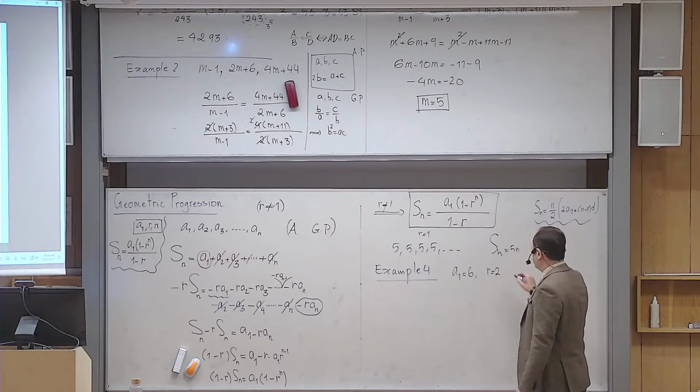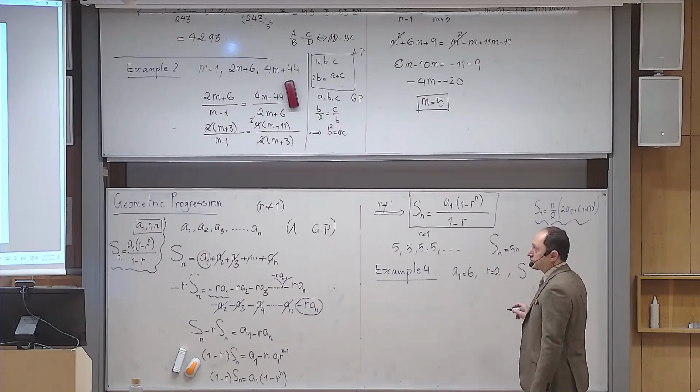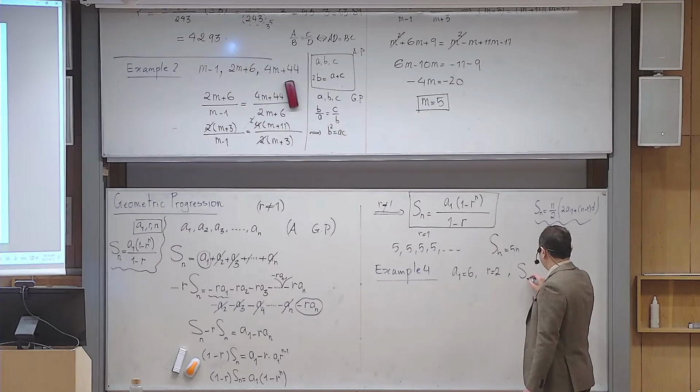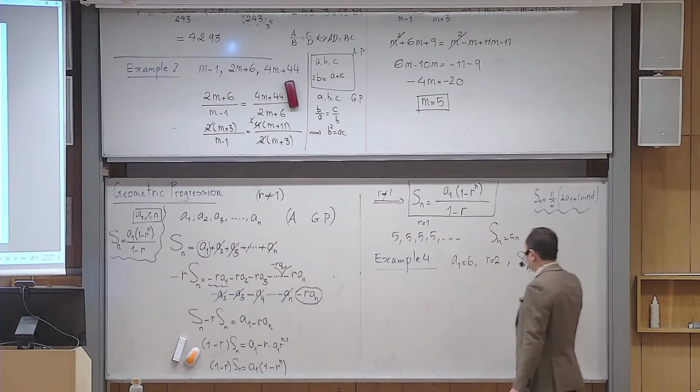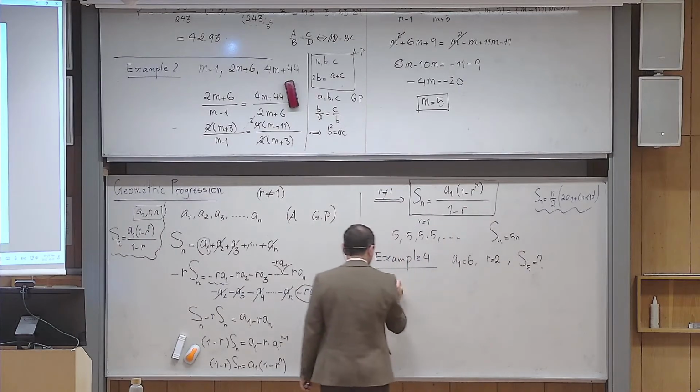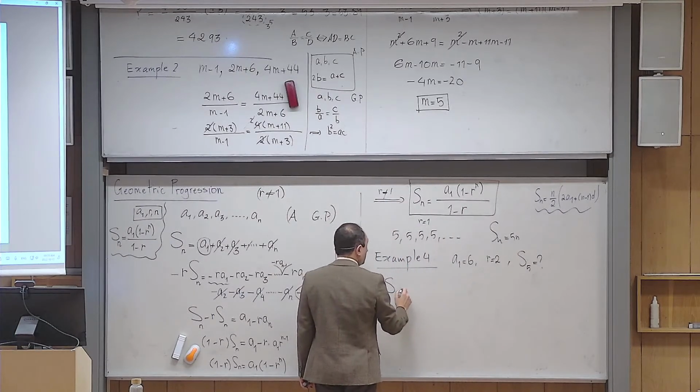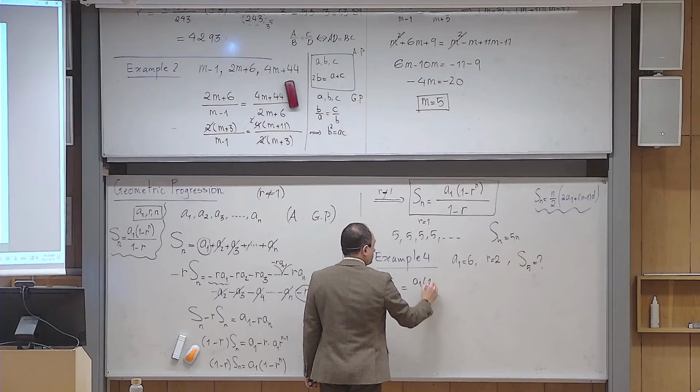You are supposed to determine the sum of the first 5 terms. 5 terms, yes? Okay, so that's very simple. I just need to read the formula from the formula sheet and answer the question, yes?